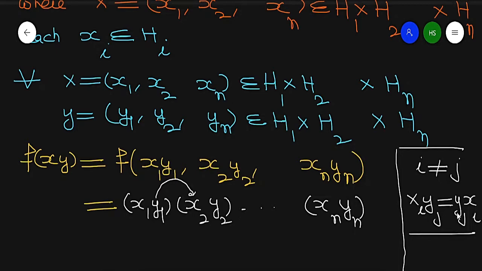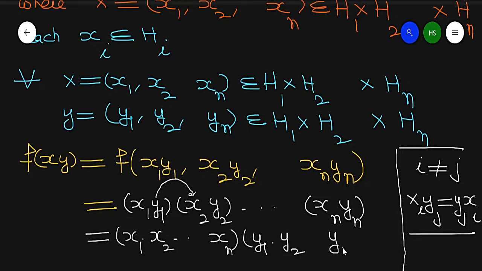By using this property, we get x1 into x2 and so on up to xn, which is equal to y1, y2, so on up to yn.